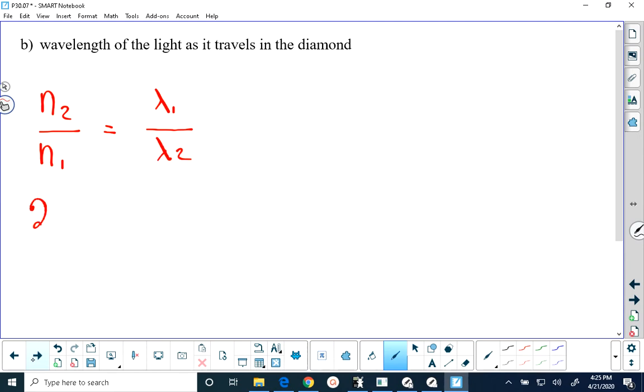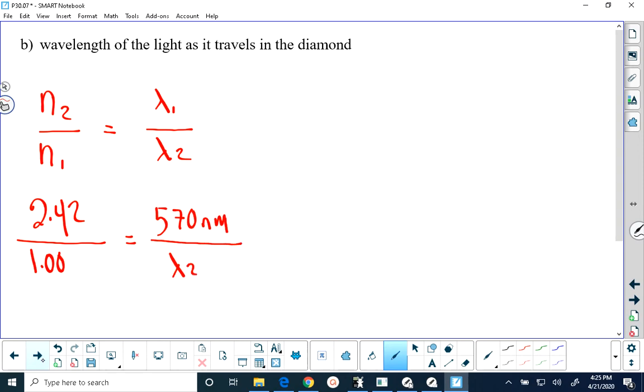So N2 is 2.42 over N1, which is 1.00, equals, now since this lambda 1 over lambda 2 is a ratio of two wavelengths, we can use whatever units we want. I think it said 570 nanometers, so that's what I'm going to put for lambda 1 over lambda 2. And now we're going to cross multiply and solve.